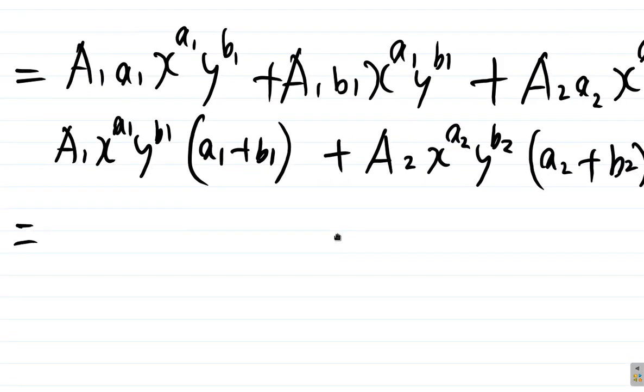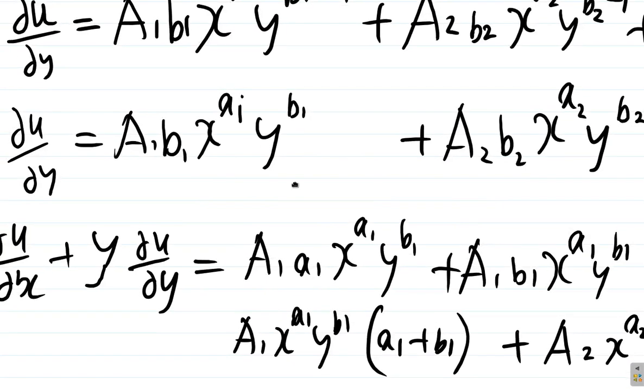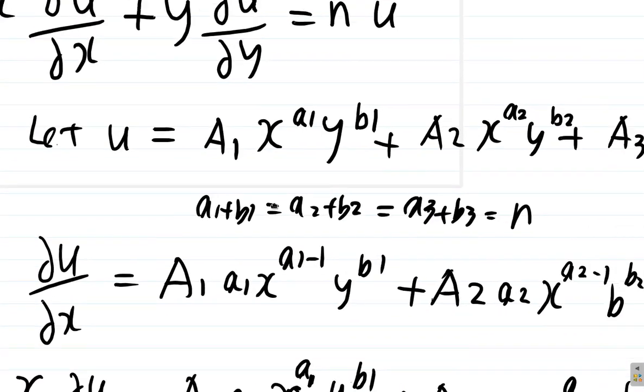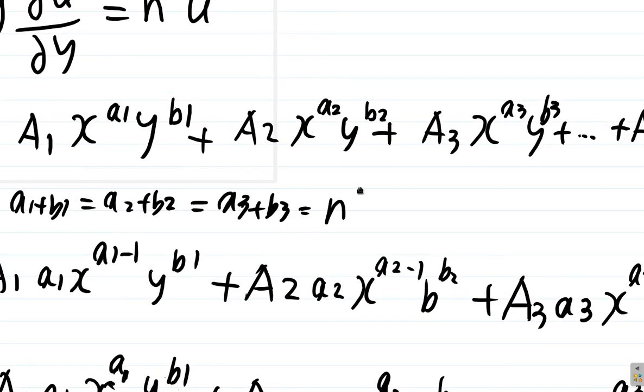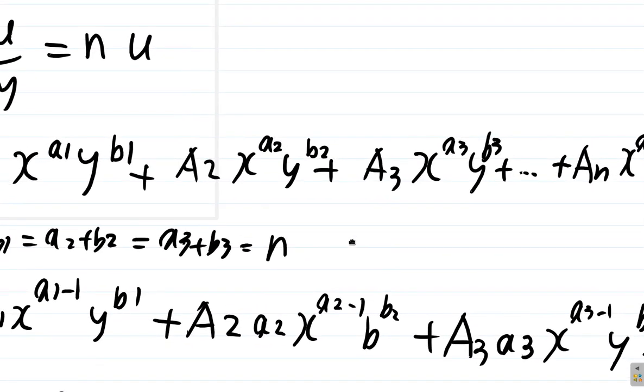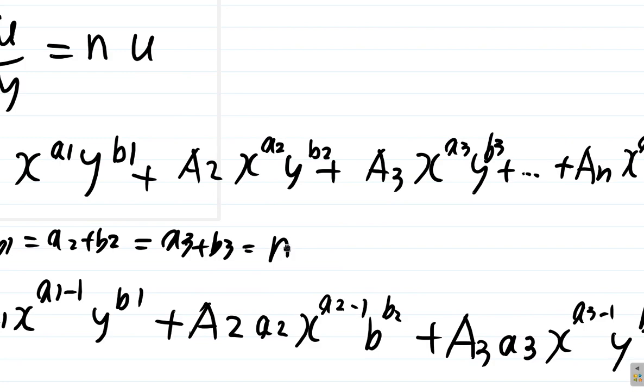Now, here, what we said earlier was a1 plus b1 is equal to a2 plus b2 is equal to a3 plus b3 and so on is equal to an plus bn, and all of that is equal to n.